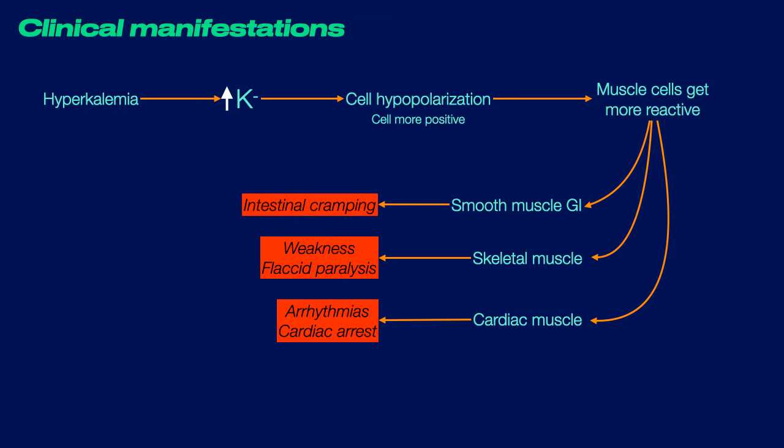All right, so there are all these ways to develop hyperkalemia, but what happens when somebody has hyperkalemia? Well, remember that the concentrations of potassium inside and outside the cells were super important for maintaining the resting cell membrane potential, and this allows a cell to depolarize and a muscle to contract, whether it's a skeletal, smooth, or cardiac muscle.